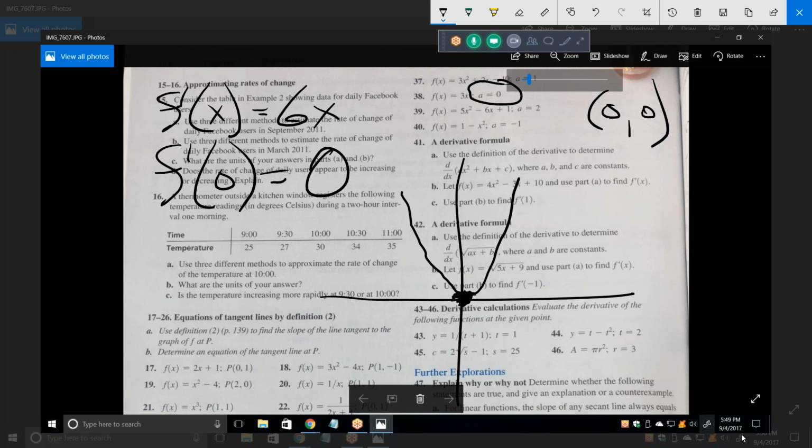But the slope is 0, so the equation of the tangent line is y equals, the slope is 0, so it's just x minus 0, which is y equals x squared. No. Okay.